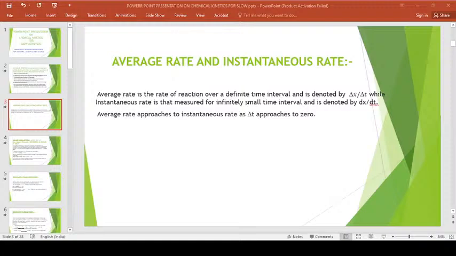So the reaction occurs like this: ethene plus hydrogen, giving ethane C2H6. So experimentally it is found that your rate law is rate equal to K, molar concentration of ethene raised to the power 1, molar concentration of hydrogen raised to the power 0.